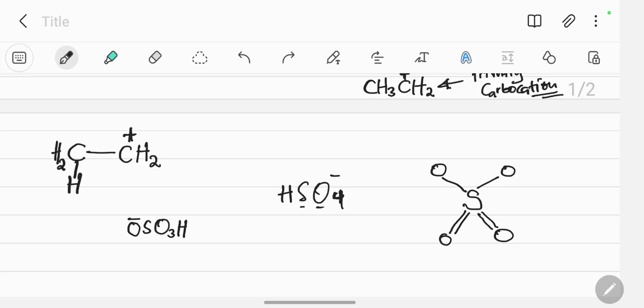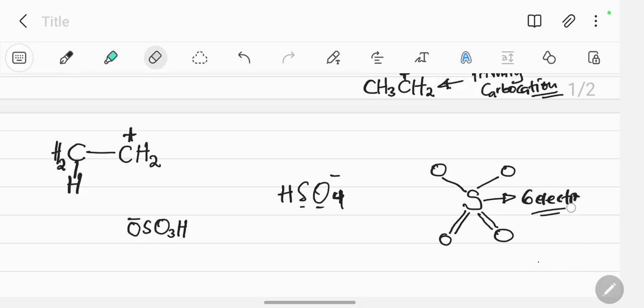The other thing you have to know is that sulfur can only tolerate giving out 6 electrons for bonding, 6 only.